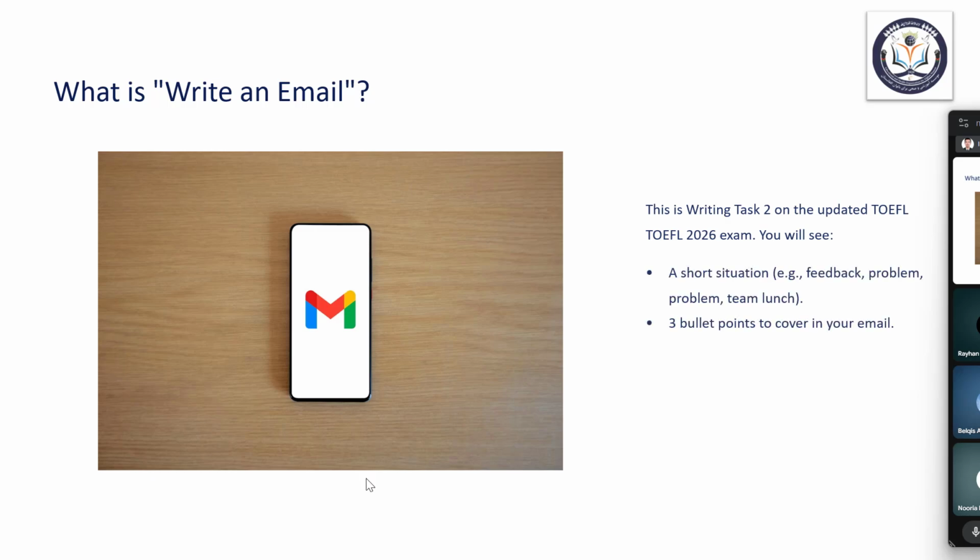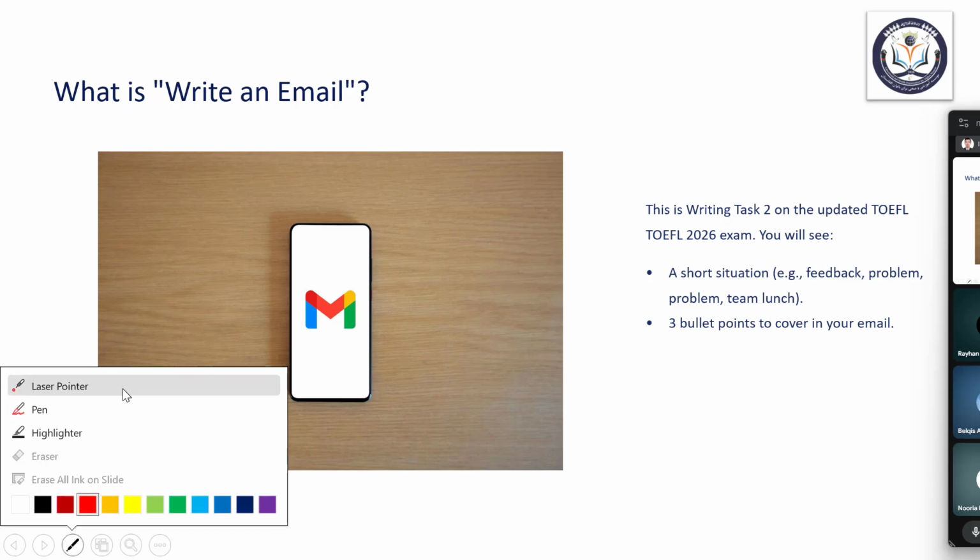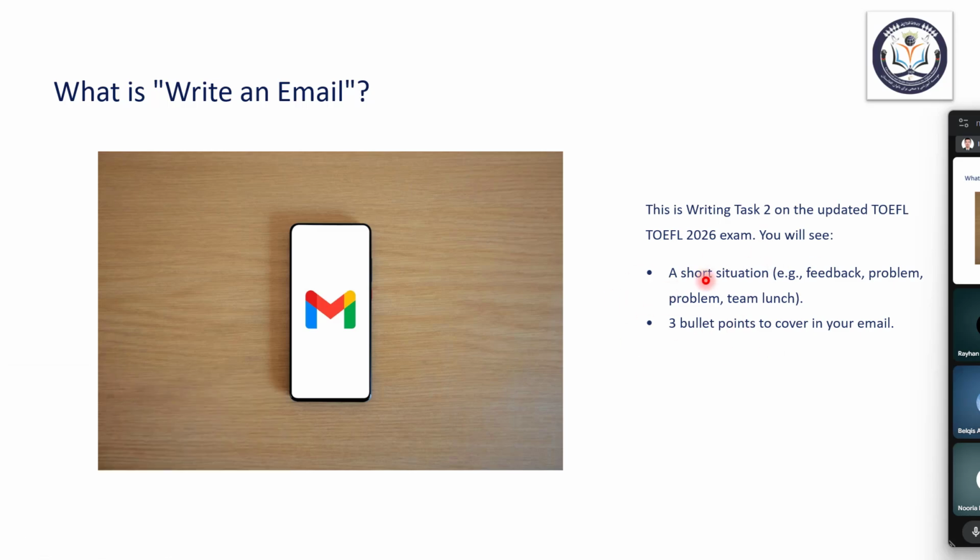So in writing an email task, first of all, we have a short situation given to us. This situation could be a feedback to an essay, a feedback to a previously stated performance. It can be a problem to a specific solution, or it can be a problem that has occurred in campus or outside of campus, or it can be a team lunch, for example.